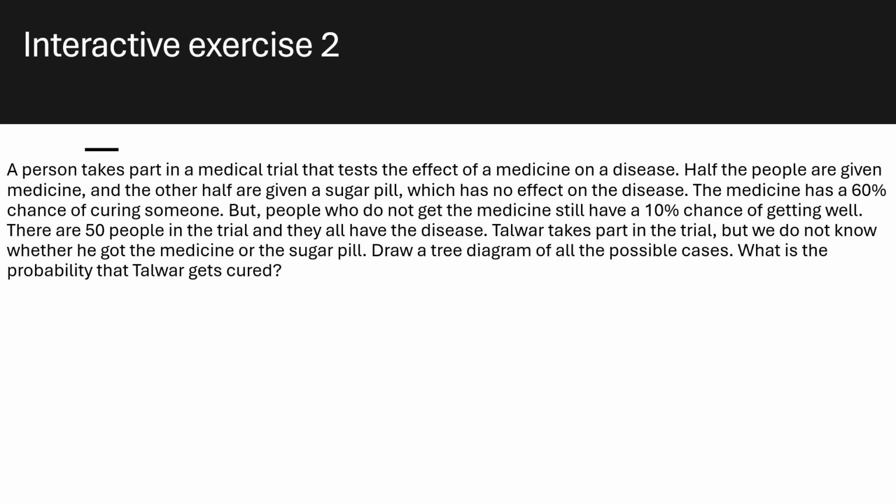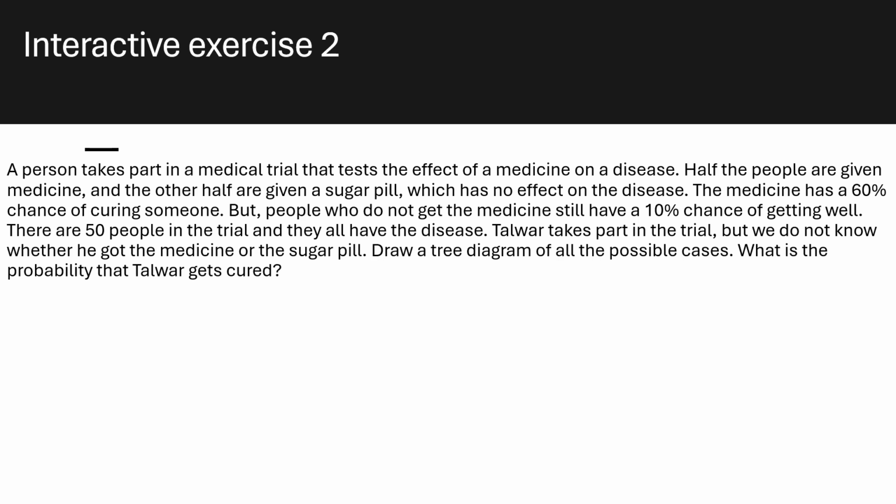The medicine has a 60% chance of curing someone, but the people who do not get the medicine still have a 10% chance of getting well, right? It's those who got the sugar pill, because it has no effect on the disease. They say those who didn't get a medicine still have a 10% chance of getting well.